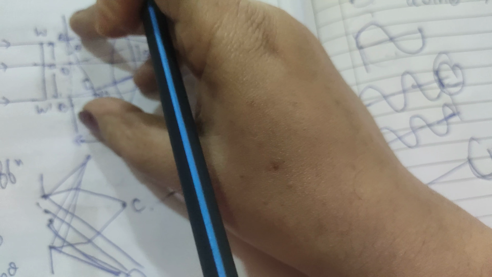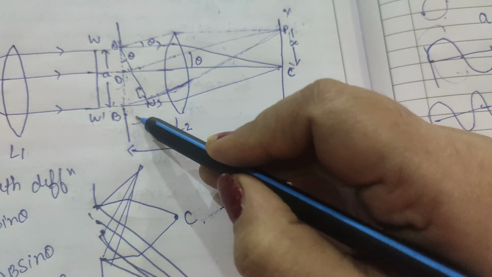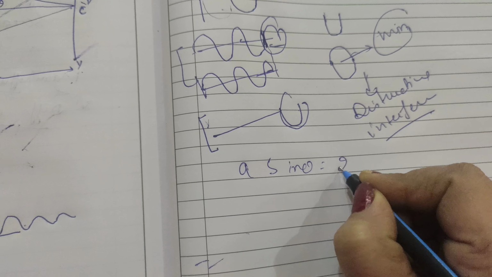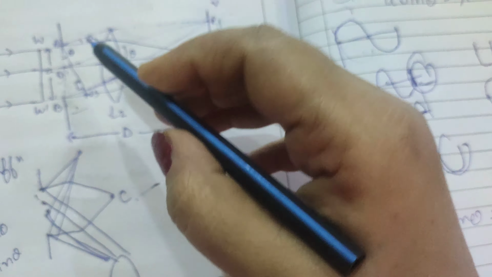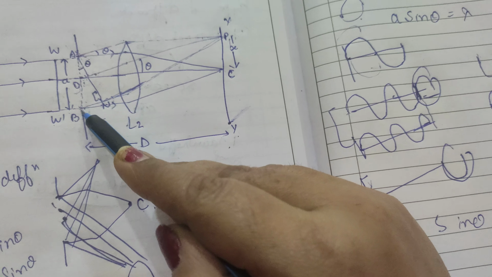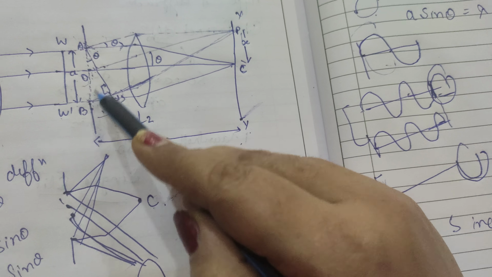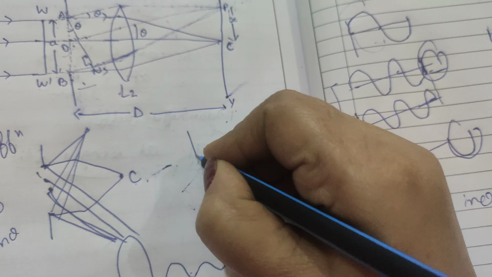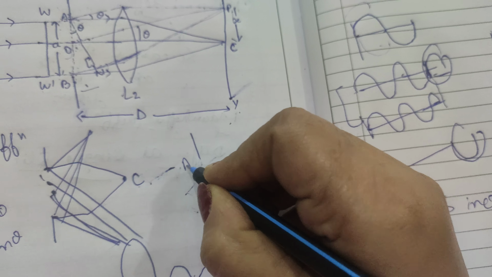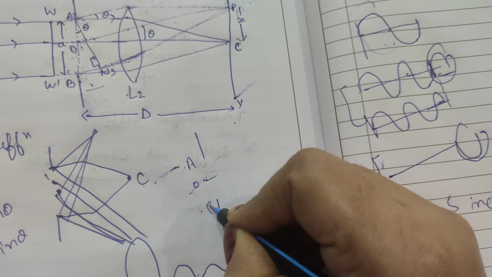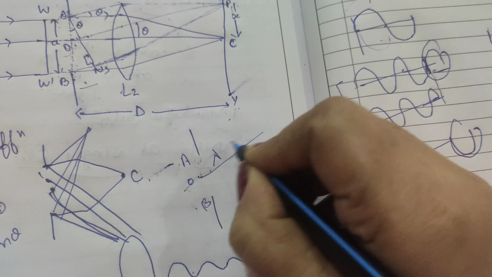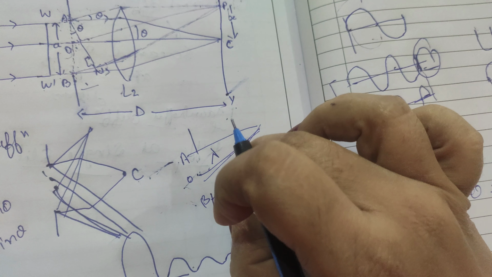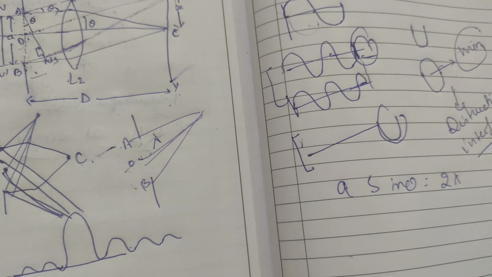Similarly, when the path difference between two waves reaching from A and B is 2 lambda, that is, when a sin theta is equal to 2 lambda, we can consider that the slit is divided into two equal parts with path difference lambda between the wavelets from AO and from OB, so they superimpose upon each other, and hence we obtain the resultant minimum intensity.